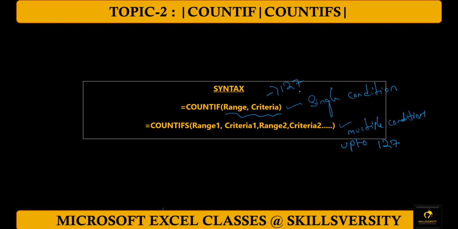It means 127 conditions you can apply. So you can see it here, range 1 criteria 1, range 2 criteria 2, and so on till range 127 criteria 127. So the only difference is COUNTIF will accept only a single condition. COUNTIFS can take multiple conditions. That's the only difference you need to remember.